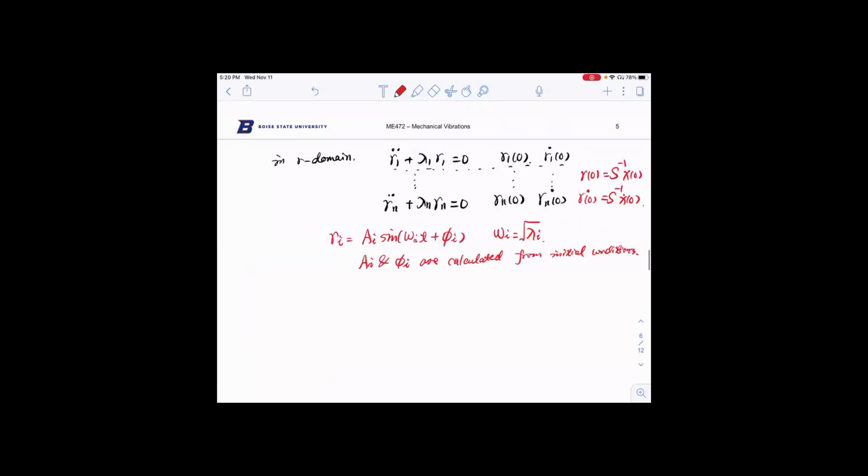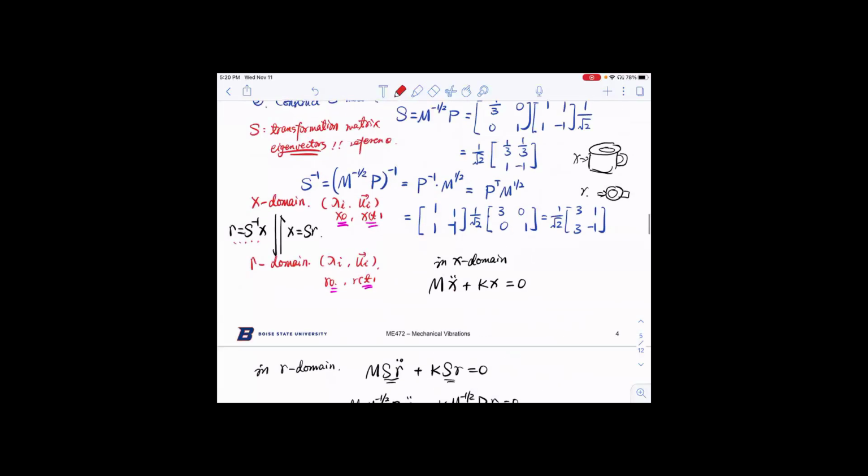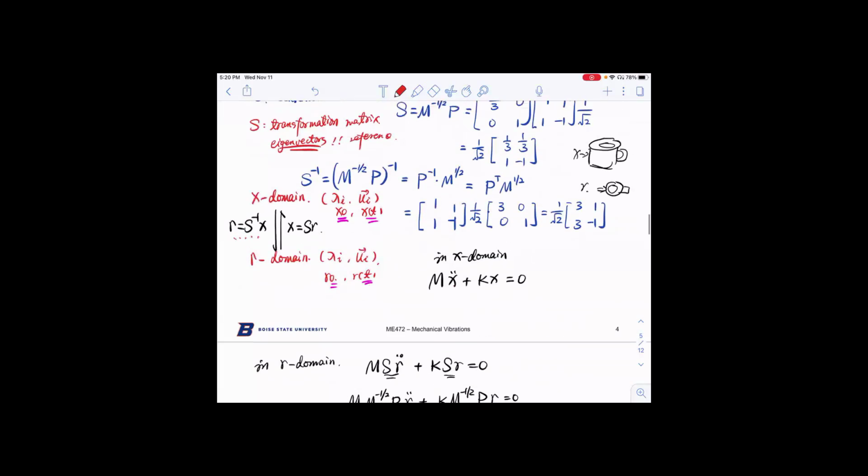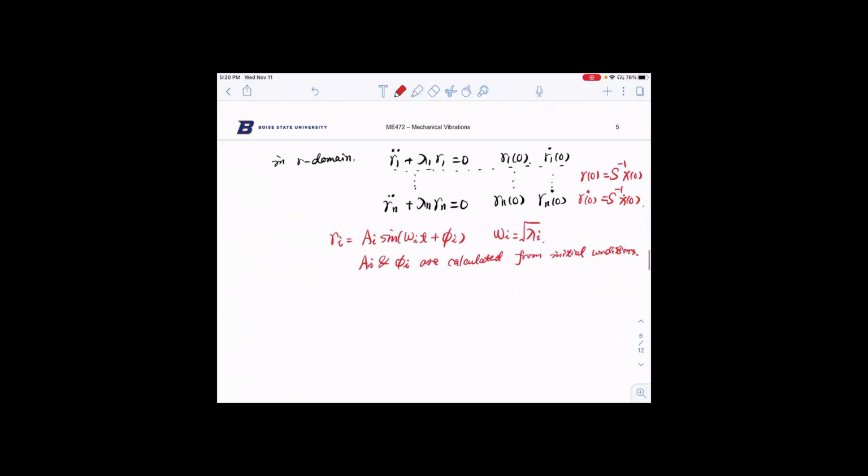All right. Then let's go back to the original problem again. So we stopped at step 5. So then, if you look at it here, for step 6, you need to deliver information from X domain to R domain, right?